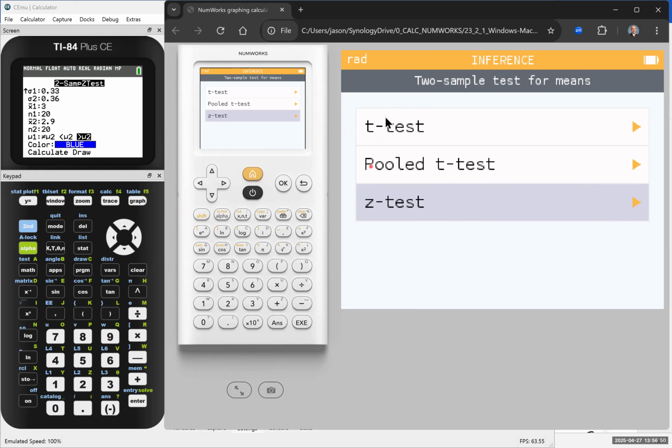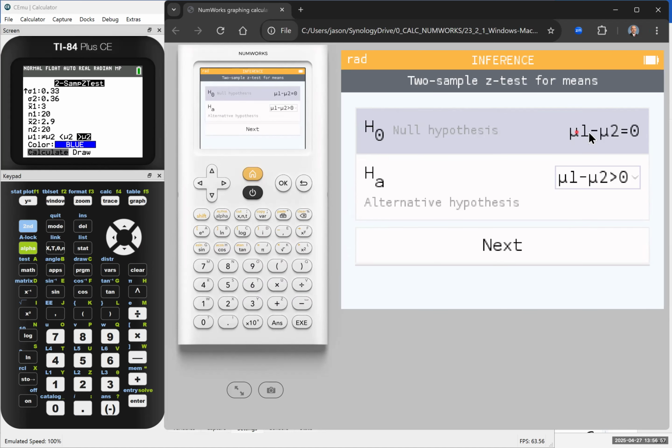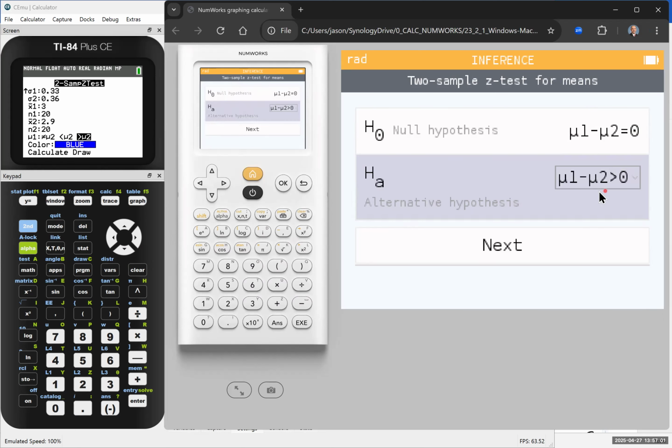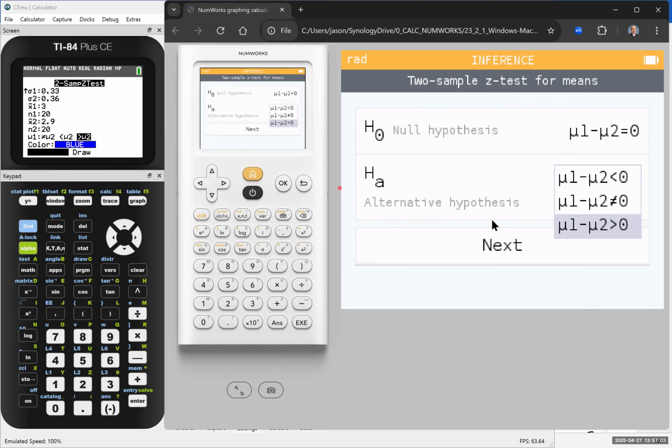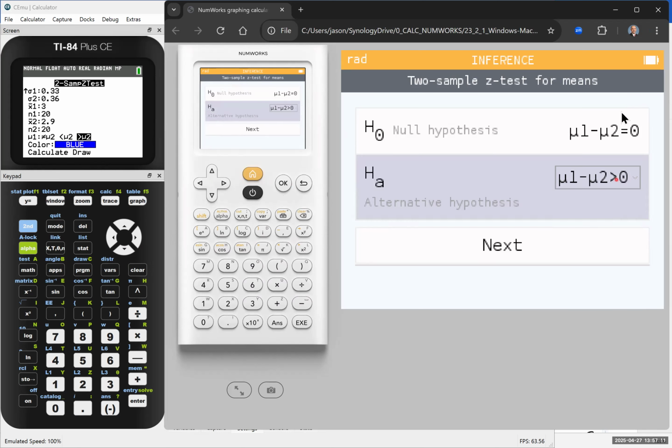This comes later. This is section 10.1. Okay, so we'll do a z-test. So mu1 minus mu2 is equal to 0. And here we want the option mu1 minus mu2 is greater than 0. So I think this is kind of left over. Okay, so that looks correct.